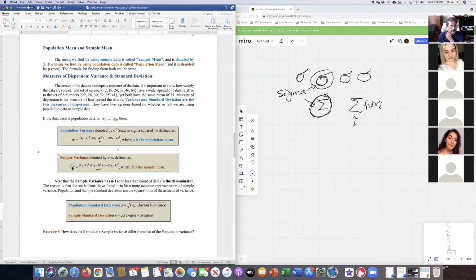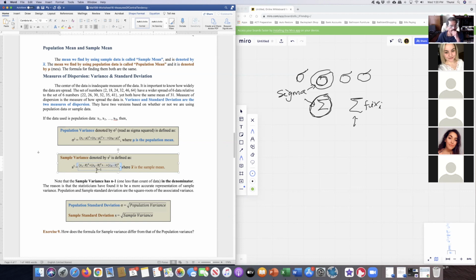Sample variance is called S squared. We use S squared as the symbol. It's the same thing as population variance, except that you're using the sample mean. Sample mean is represented by X bar. So X1, each data minus the sample mean, square it, and the next data minus the sample mean, square it, and go all the way to cover all of them.